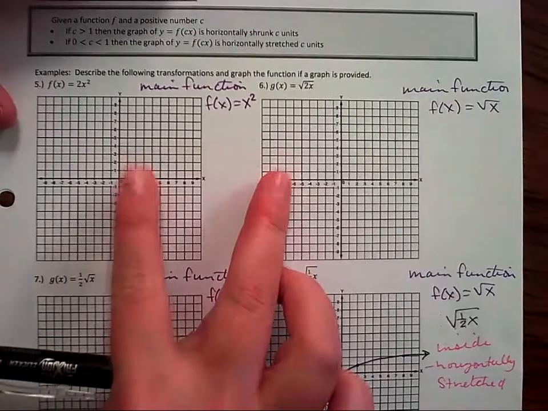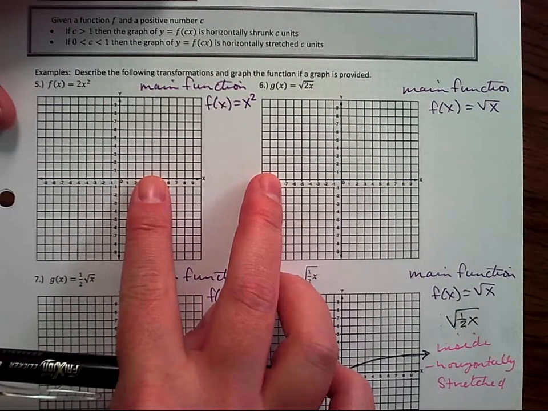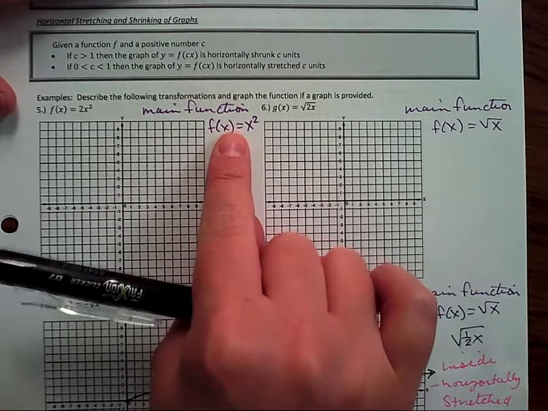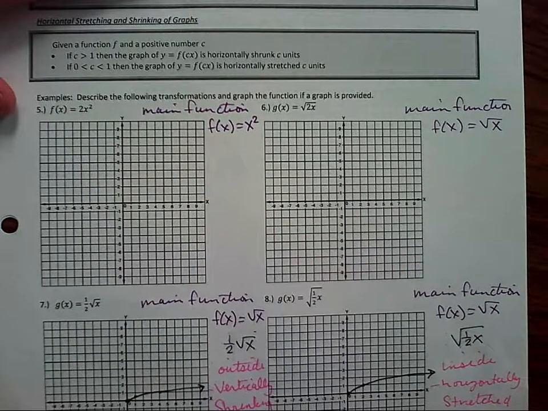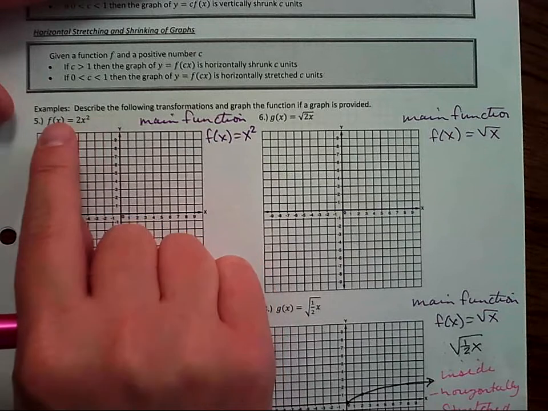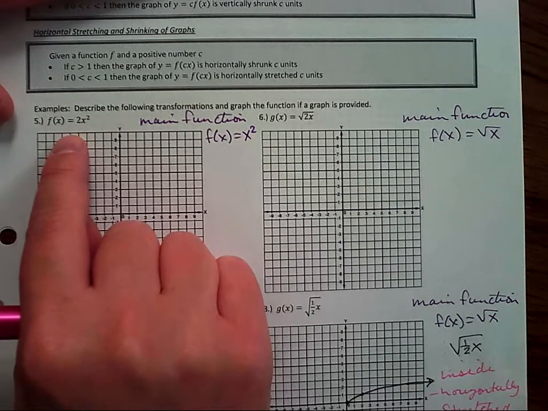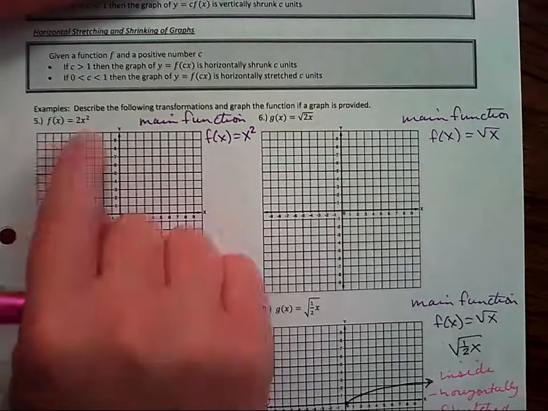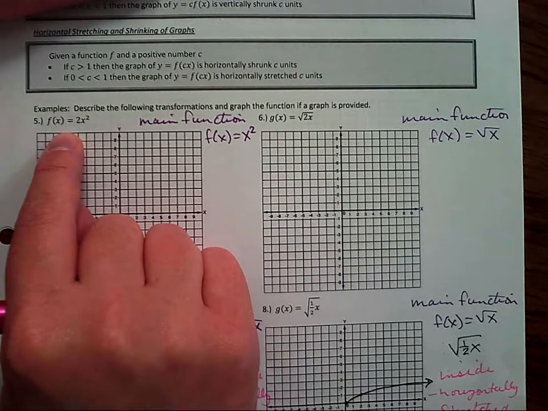All right, should we do 5 and 6? Yeah? Okay. So we said our main function here is x squared. That 2x squared, am I multiplying my function by 2, or am I putting 2 into the x squared function? I'm multiplying everything by 2, right?